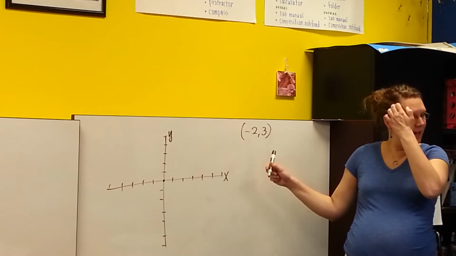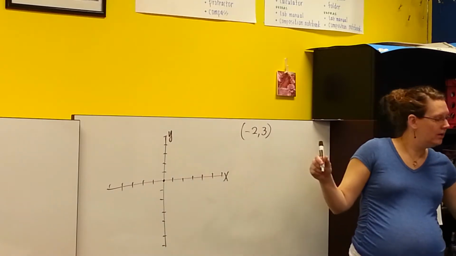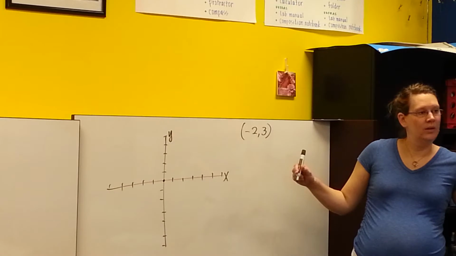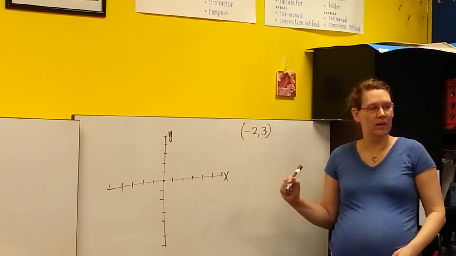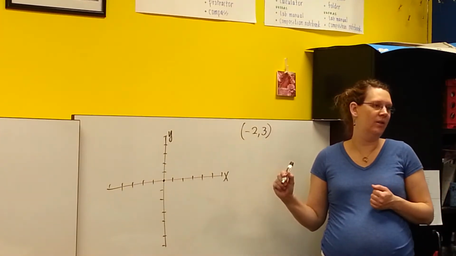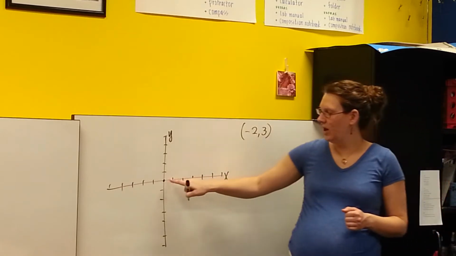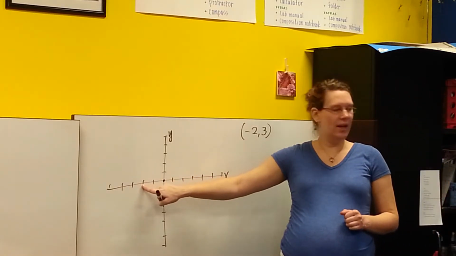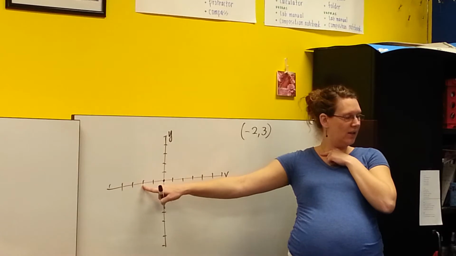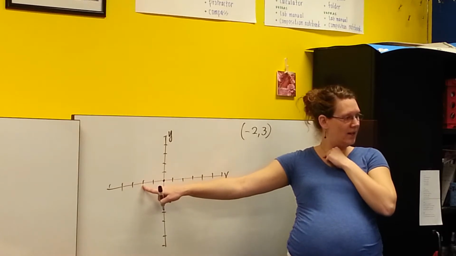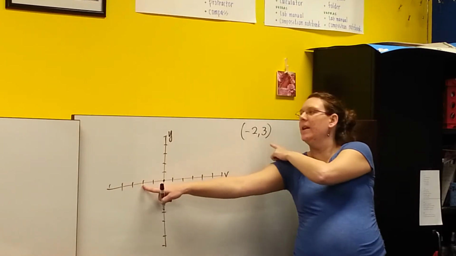Come on, where do we go? For -2, which way do we go? Left, right, up, or down? Left, good. So we're going to start at our 0, -2, and then what? With 3, Jamaica, where do we go next? Up, down, left, right. For this 3.